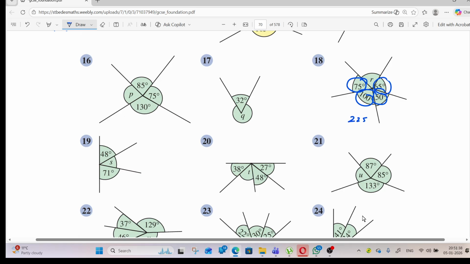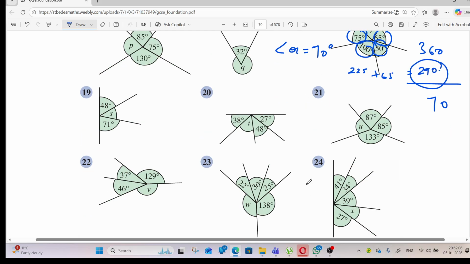Then you add 65 to 225, you will get 290, right? Now you need to subtract 290 from 360 to find R, because in total they all should add up to 360. So if you subtract, you get 70. So the value of angle R is 70 degrees. Clear?